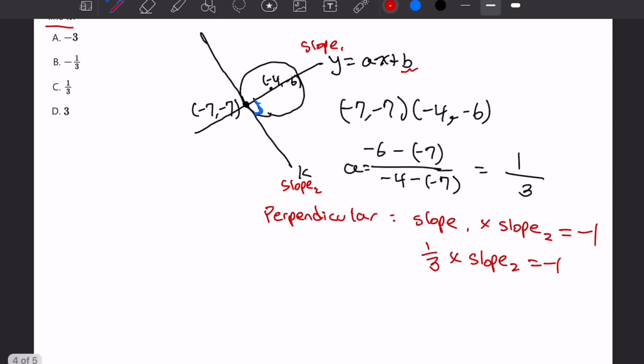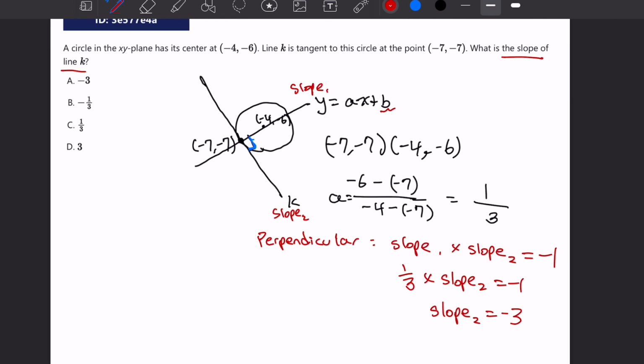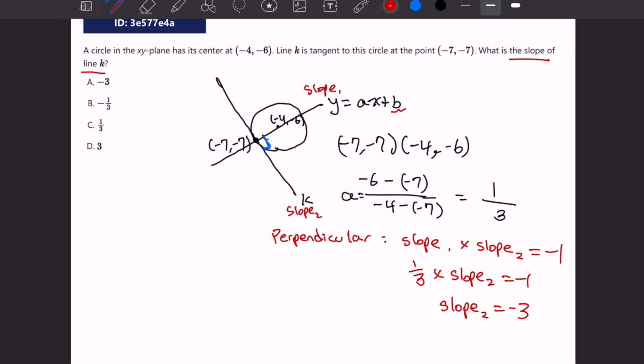And if we multiply both sides by 3, we get that slope 2 is equal to -3. And this is what the question is asking for, the slope of line K. So the final answer would be A, -3.